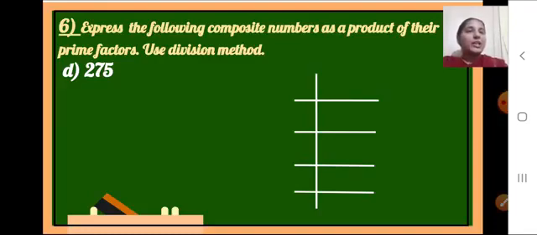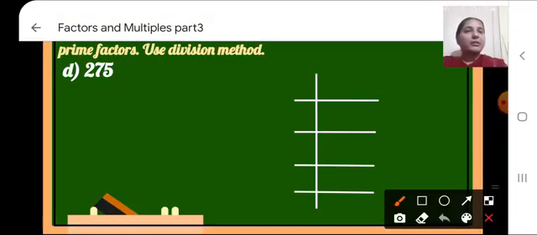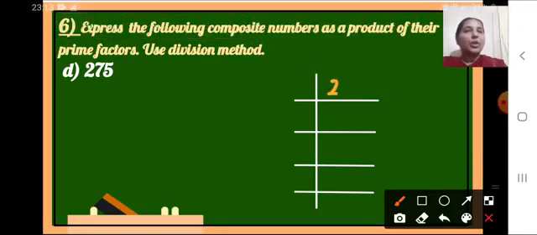So let's first write it here, 275. Now we'll divide this by 5. So 5 5s are 25. So when 25 is subtracted from 27, we'll get 2. We will write it just above that next digit.